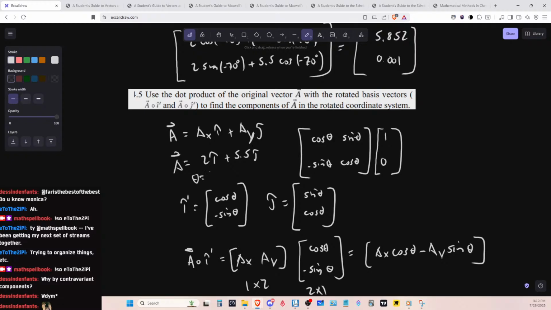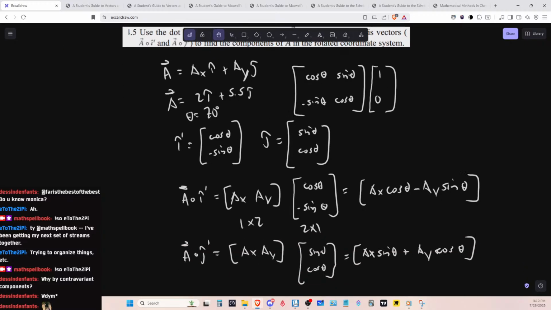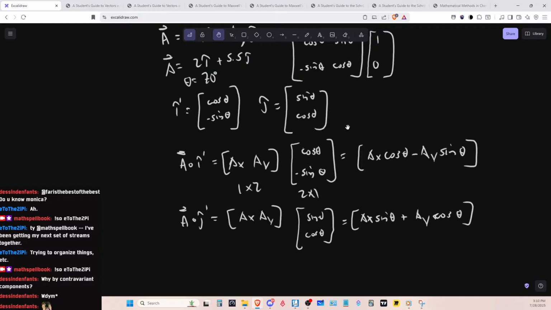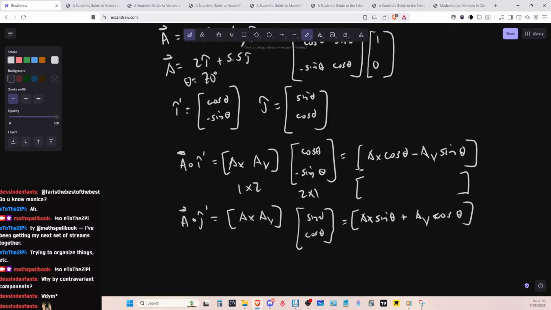And the angle, I think, is supposed to be 70. Do the calculations.